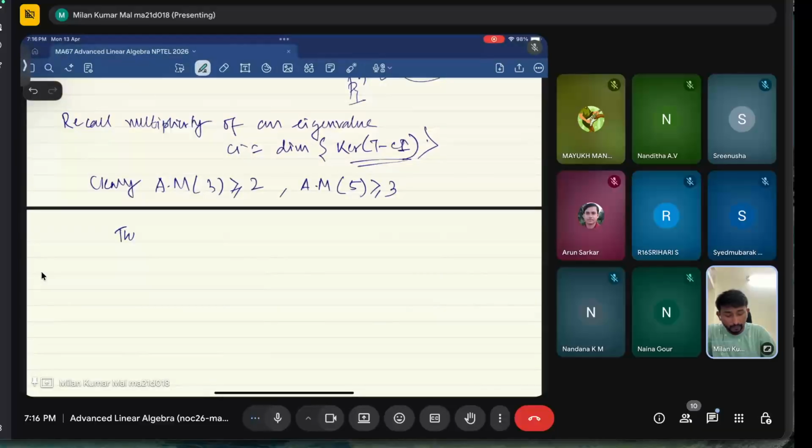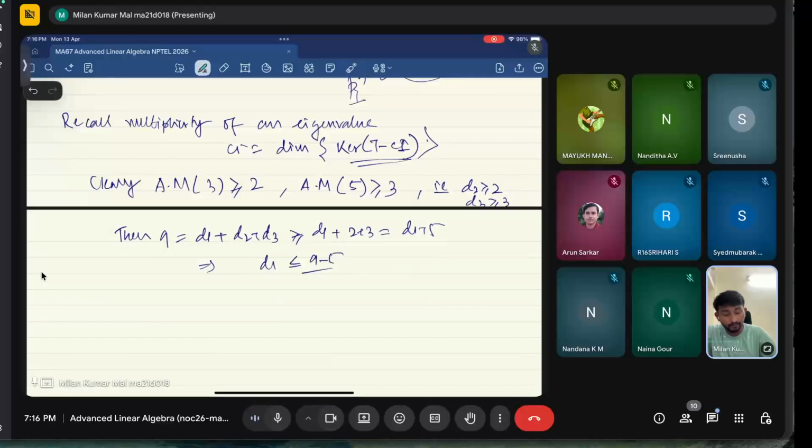Therefore d1 plus d2 plus d3, which equals 9, is greater than or equal to d1 plus 2 plus 3, that is d1 plus 5. So d1 has to be less than or equal to 9 minus 5, which is 4.